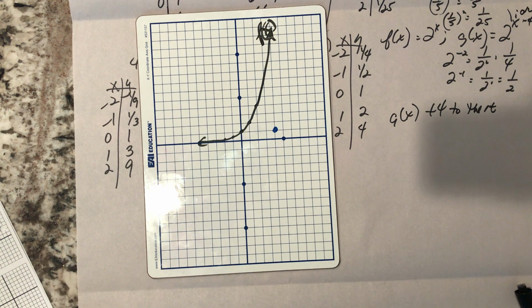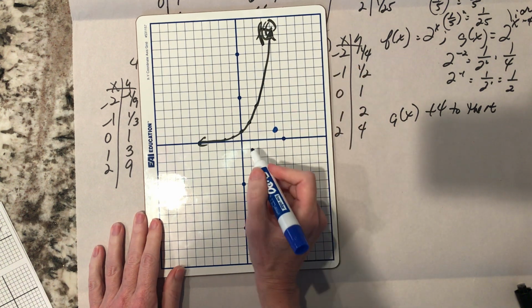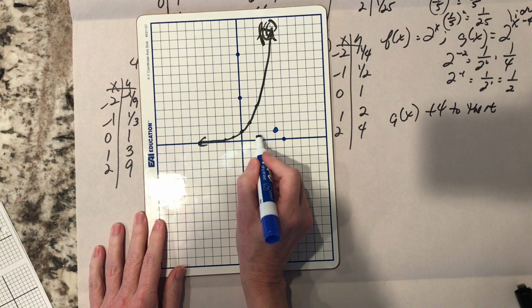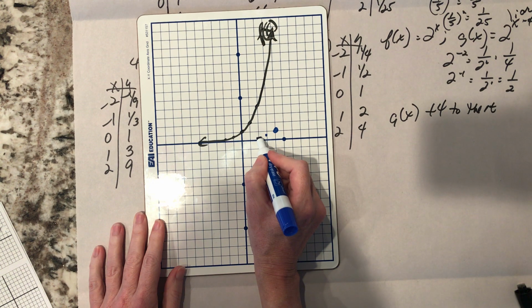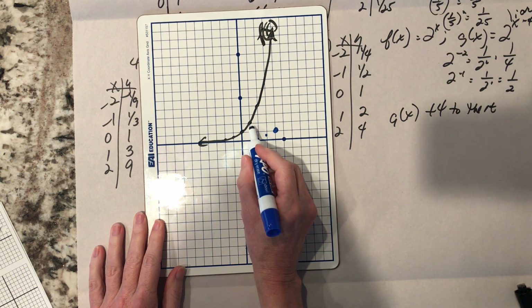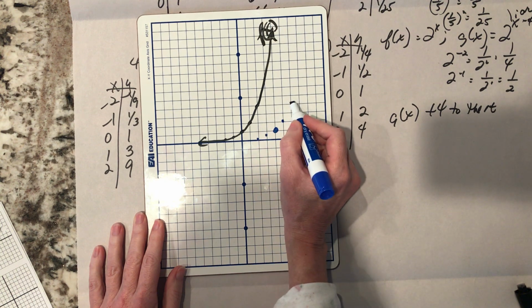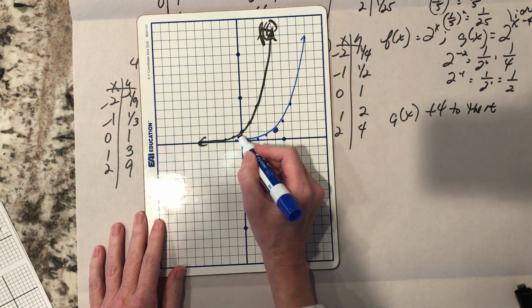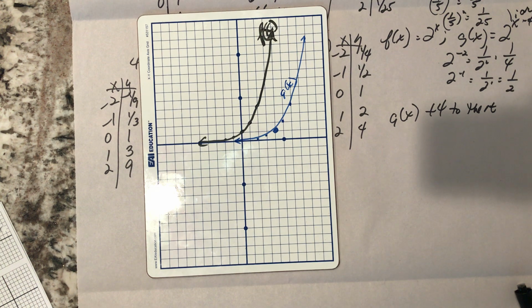Not essential, you can draw that in pretty decently, but just so you see, everybody's shifting 4 to the right. 1, 2, 3, 4. 1, 2, 3, 4. Scoot this guy over. And that guy over. And there's g of x. So you just have to know what that tells you to do.